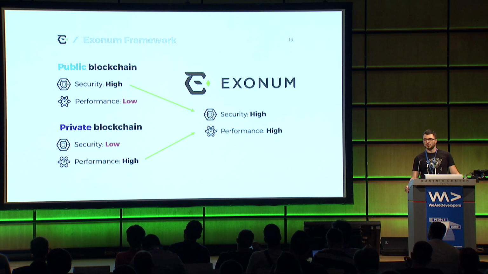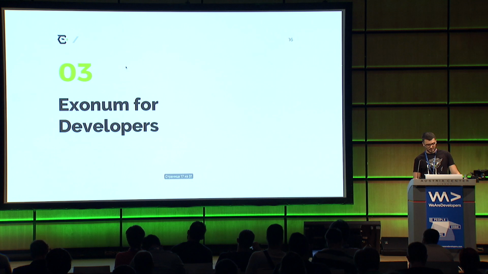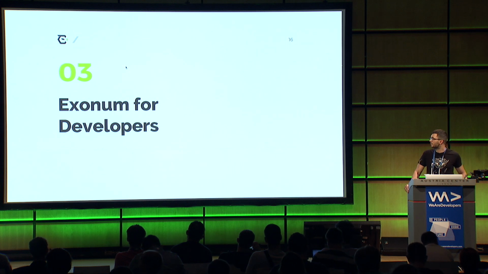We also have security because of the anchoring mechanism that gives us an opportunity to publish some critical information on the Bitcoin network. So in the third part of my speech, I'd like to tell you about Exonum for developers.